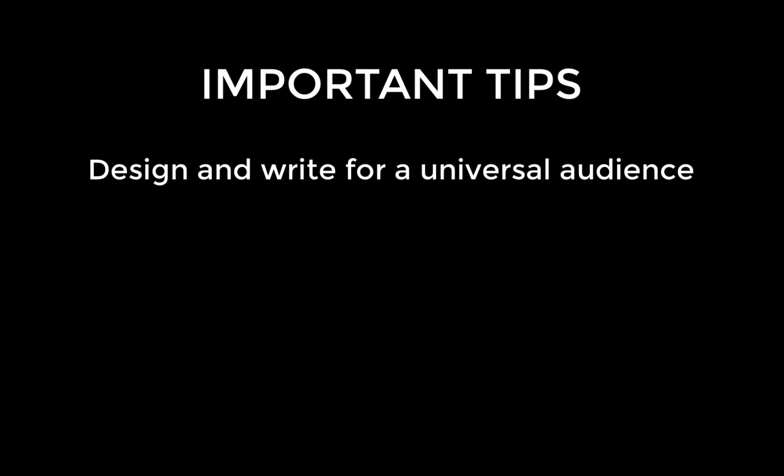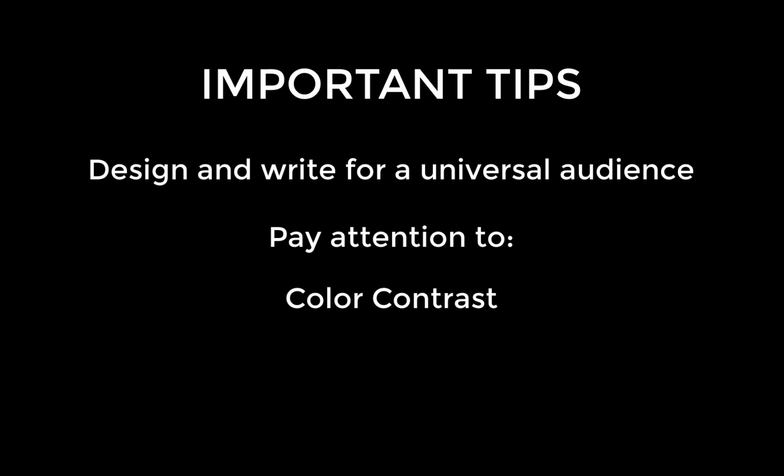Now, here are some other important tips. Regardless of what tool you deliver your content in, it's important to design and write for a universal and accessible audience. This goes for announcements and content in Blackboard, as well as any supplemental activities. Things to pay attention to: colors of text and backgrounds.